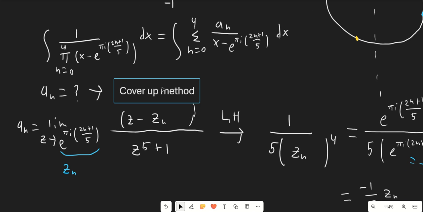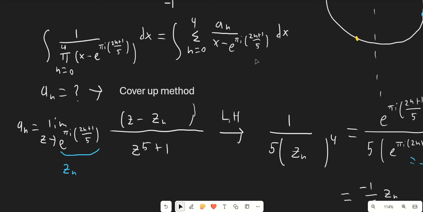Now the cover-up method basically says, in order to find the value of these coefficients an, we can simply plug in the value of the zero. So for example, for the term when n equals 1, we can just plug in the value e to the pi i times 2n plus 1 over 5, where n equals 1.